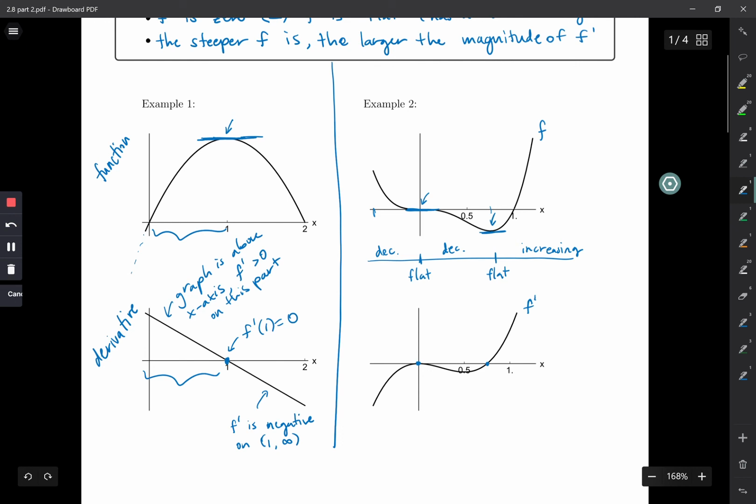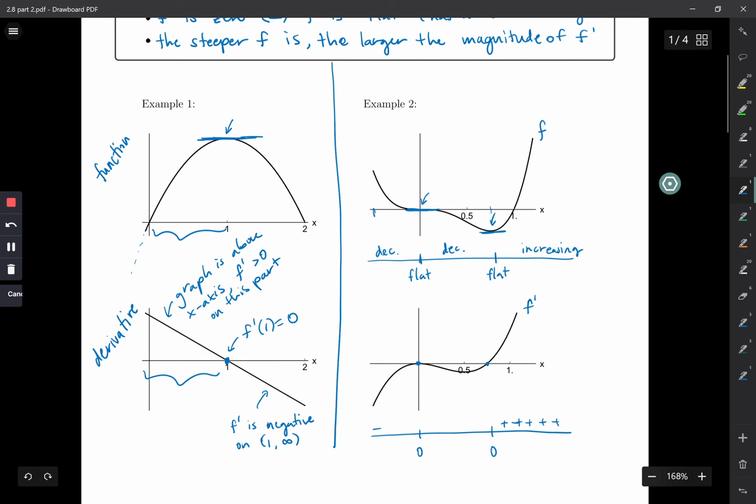Right? And so we see that the derivative is going to then be 0 at this point, 0 at 0.75, and then it is positive on this piece, right?